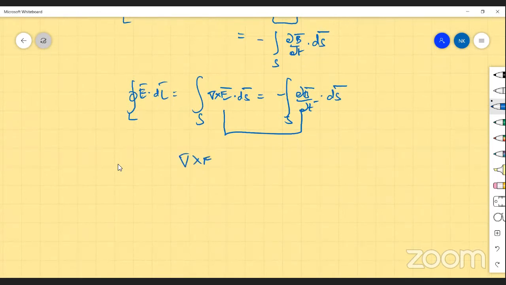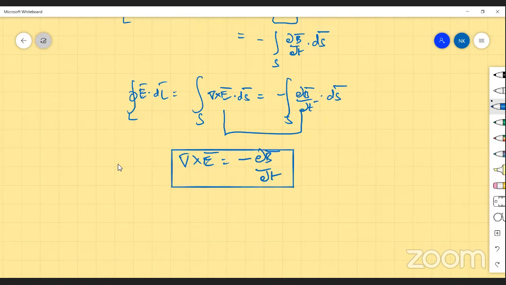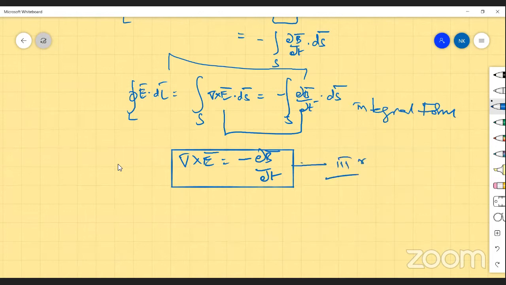Del cross E bar is equal to minus dou B bar by dou t. One of them is the integral form, and this is the differential form. This is the third Maxwell's equation.